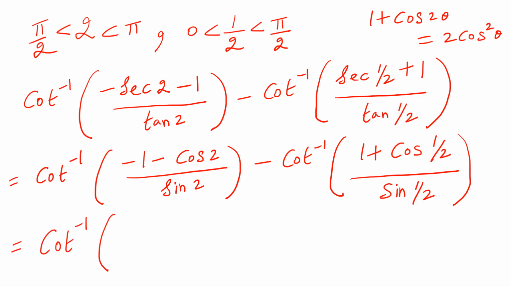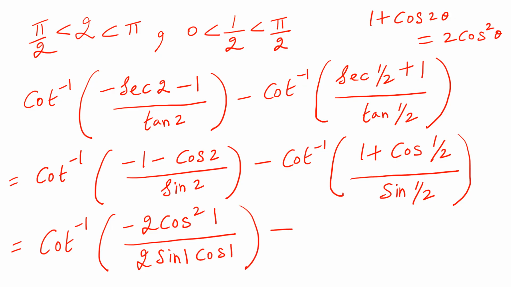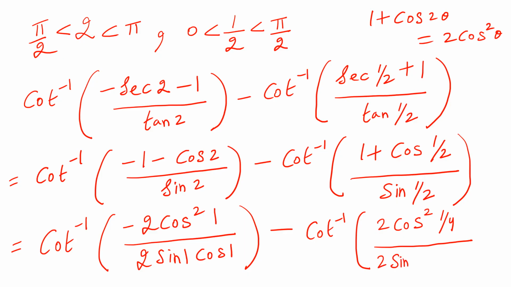So now you have to use these two formulae. So now the expression becomes cot inverse of (minus 2 cos square 1) whole divided upon 2 sine 1 cos 1, minus cot inverse of (2 cos square 1 upon 4) whole divided upon 2 into sine of 1 upon 4 into cos of 1 upon 4.